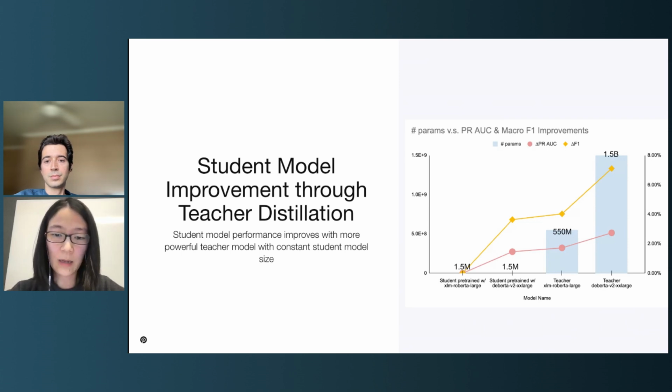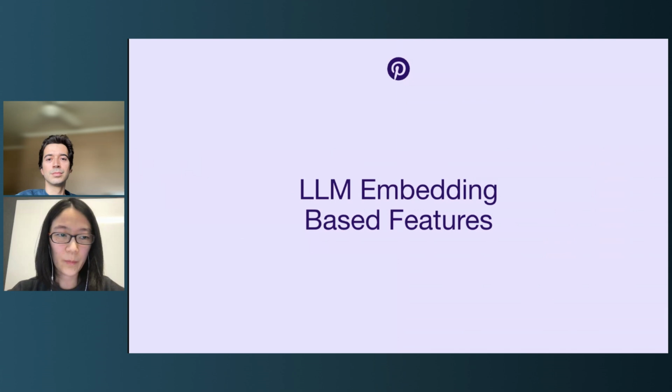So this shows that the improvements in teacher model we're seeing through adopting more powerful LLMs can directly translate into the improvements in student model, which are served in production. Next, we'll discuss using LLM to generate embedding features.